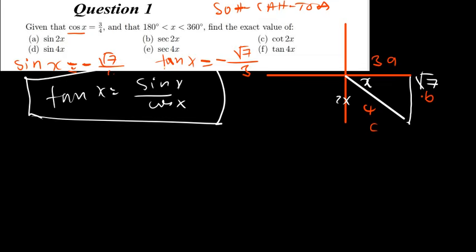Anyway, it's fine. One thing I want you to understand is that tan x is equal to sine x over cos x. Who doesn't understand this? If you know about that, let me know so that we continue.